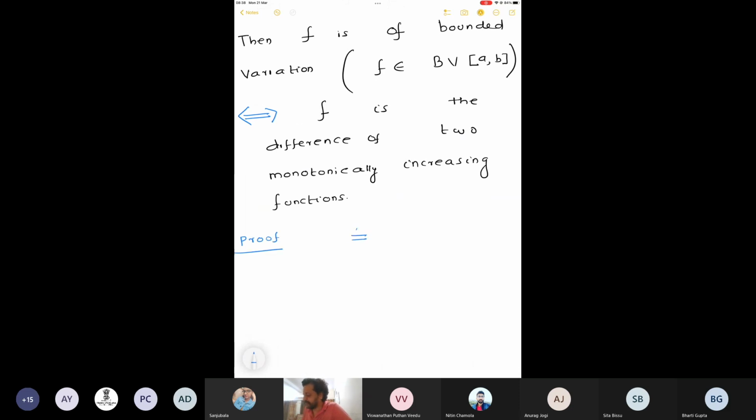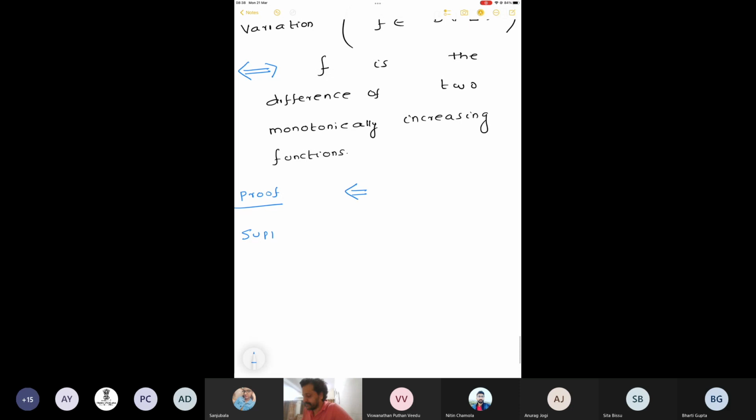Namely, suppose f is the difference of two monotonically increasing functions. Then it is easy to see that f is of bounded variation. Can somebody tell me how it follows? Suppose f equals g1 minus g2, where g1, g2 are monotonically increasing. Then I have to claim that f is of bounded variation.